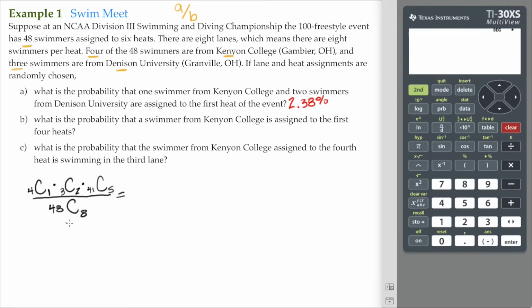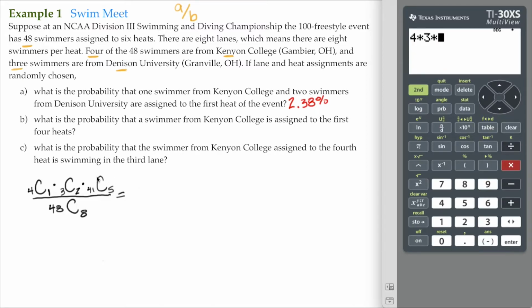So for this ratio right here, I'm going to type it in pretty much as we see it here, except I'm going to lighten our load a little bit. I already know that 4 choose 1 is 4, so I'm going to type in 4 times 3 choose 2. I know that to be 3. 4 times 3. It's the 41 choose 5 that I'm having trouble with.